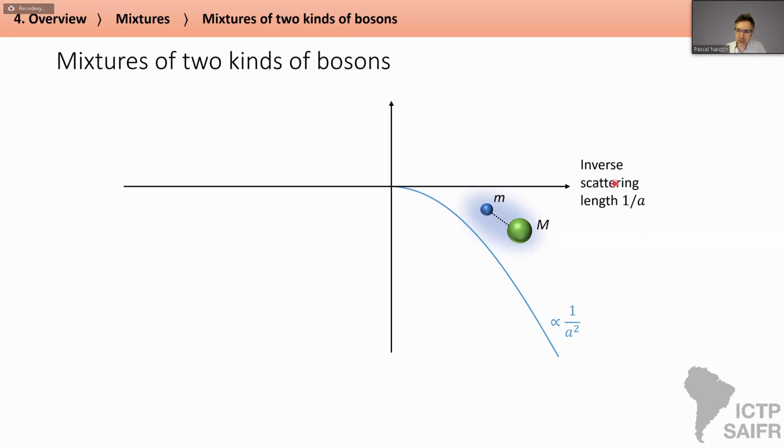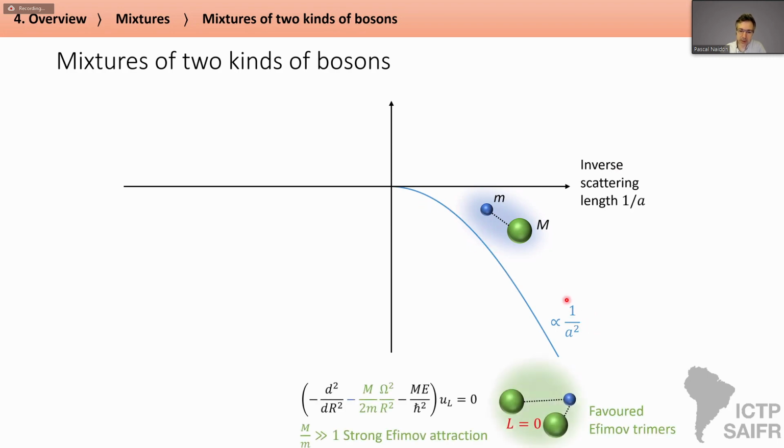So now let's have a look at the schematic three-body spectrum of these systems as a function, as always, of 1 over the scattering length. So we have now a dimer state between these light and heavy particles. So close to the unitarity point, it has this universal behavior. The energy scale is like 1 over the scattering length squared.